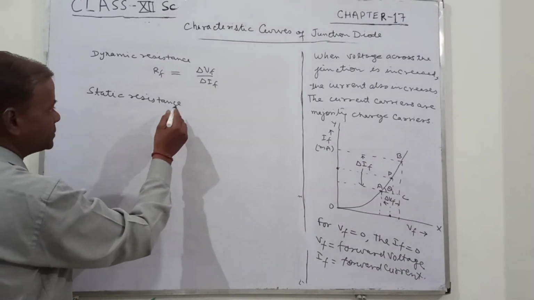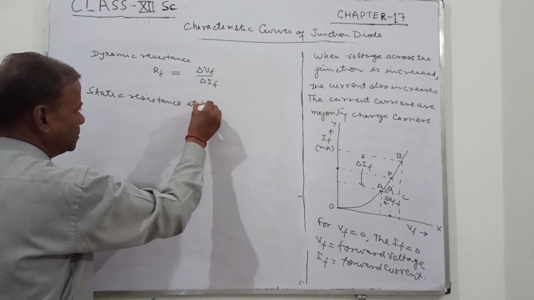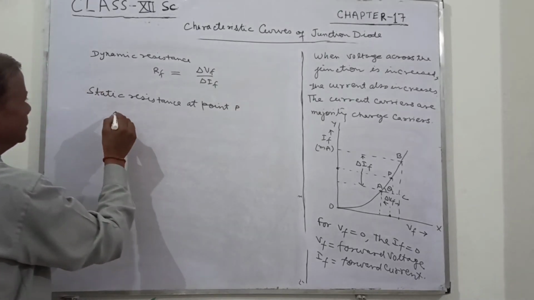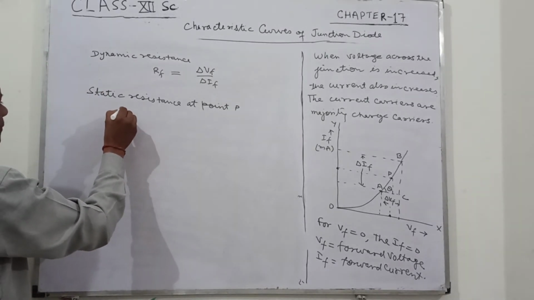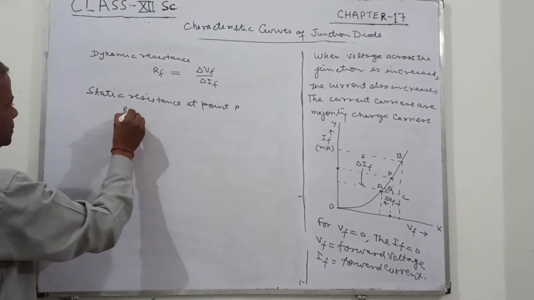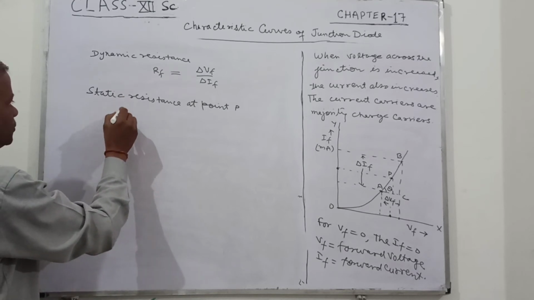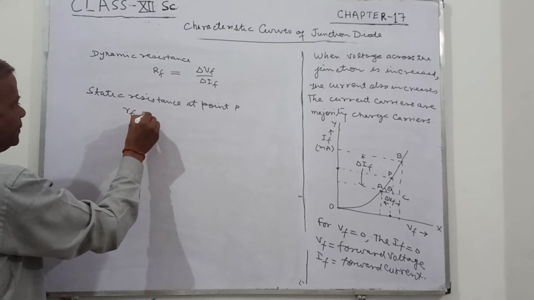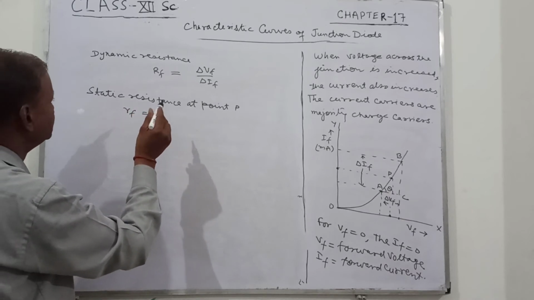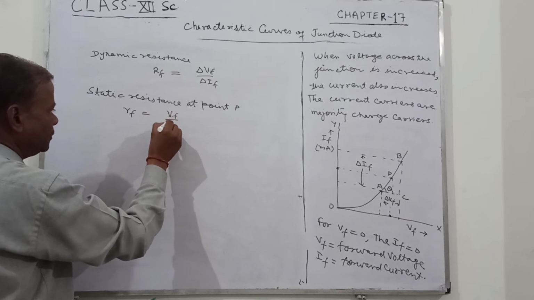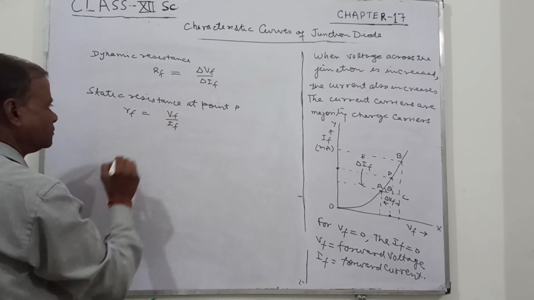So the static resistance at point P is also denoted by small rf, which is equal to Vf upon If.